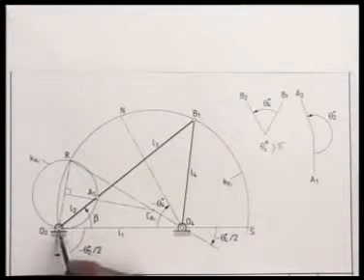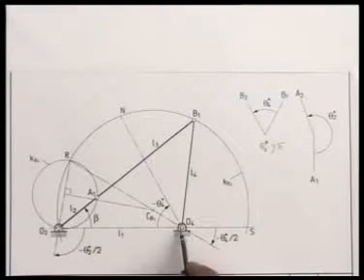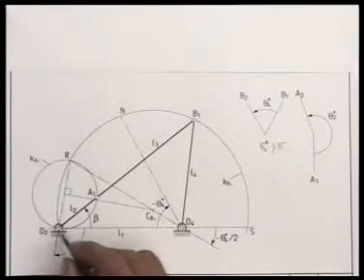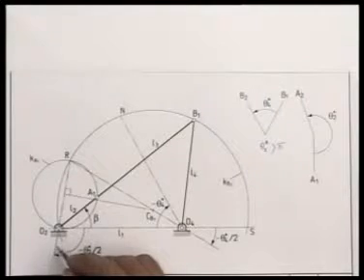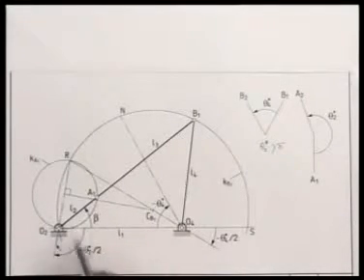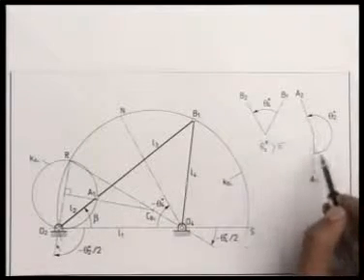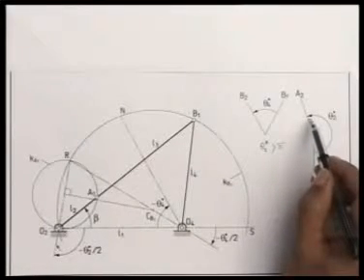We choose O2 and O4, the location of the two fixed hinges, conveniently on the frame. Then I draw a line at O2 at an angle minus theta 2 star by 2 with O2 O4. This is minus because this is clockwise, whereas theta 2 star is counterclockwise.